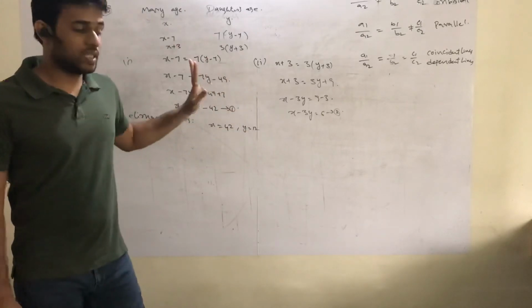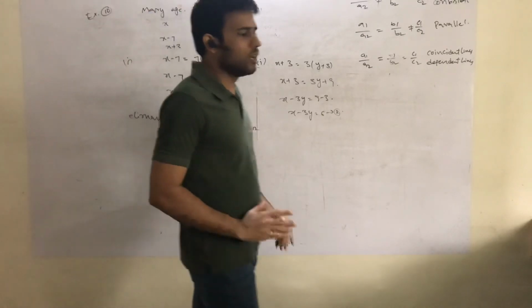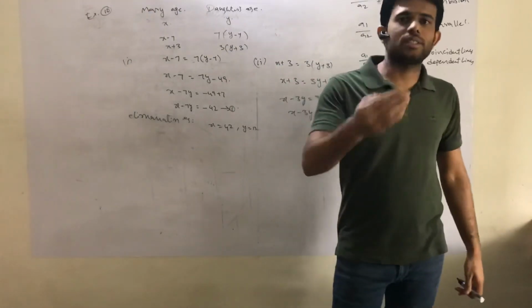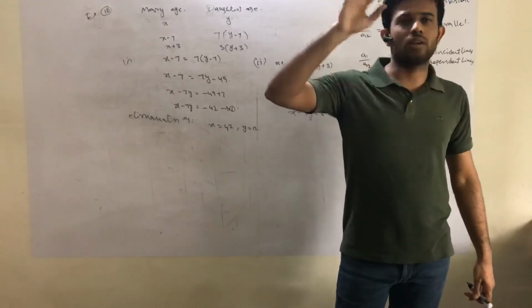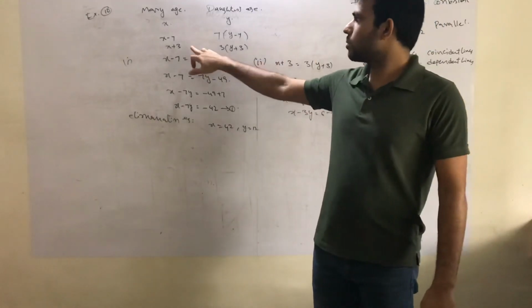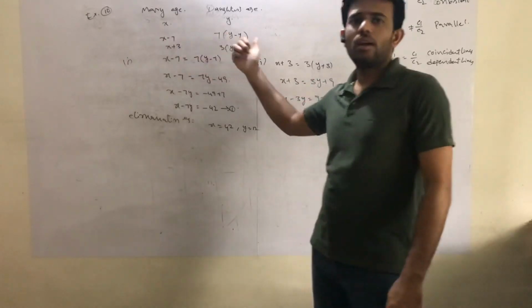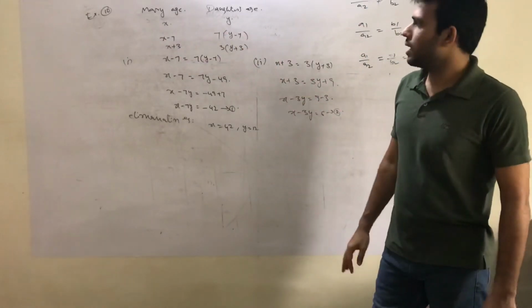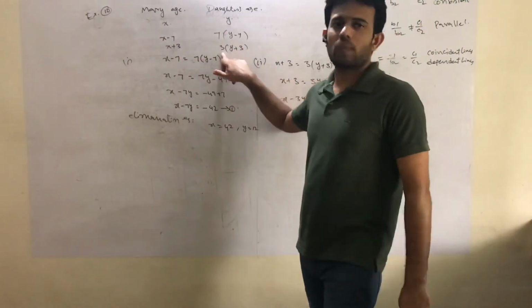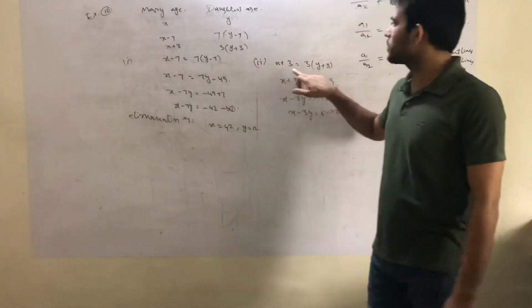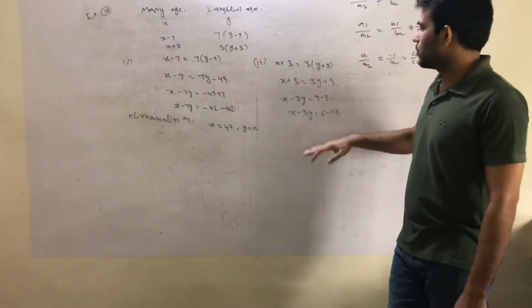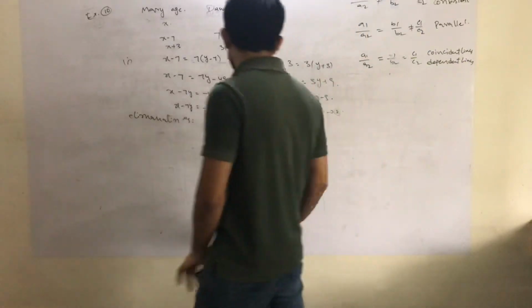The key thing you need to observe is that both mother's and daughter's ages either increase or decrease before and after. So after 3 years, when mother is X plus 3, daughter will also be Y plus 3. At that time the mother's age is 3 times the daughter's age, so X plus 3 becomes 3 into Y plus 3. If you solve that, you get X minus 3Y equal to 6.